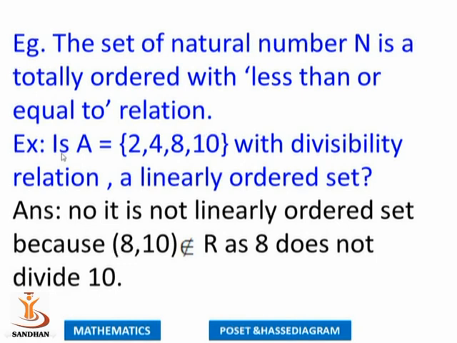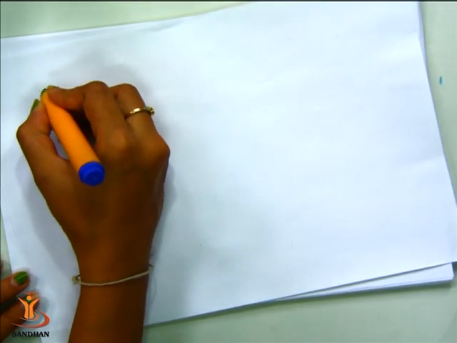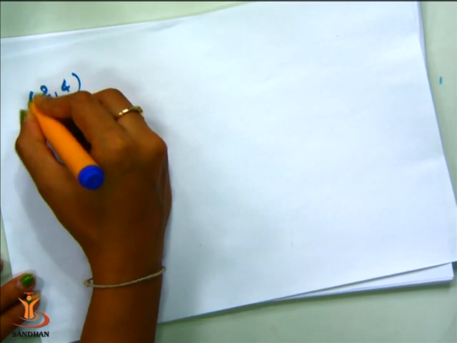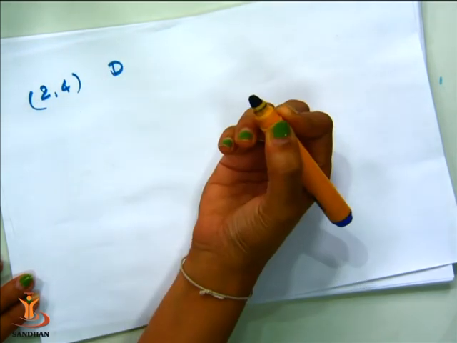Okay, another example is the set A is {2, 4, 8, 10} with the divisibility relation. We have to check whether the given set is linearly ordered or not. As we can see, we can take ordered pairs like (2, 4), where our relation is divisibility.